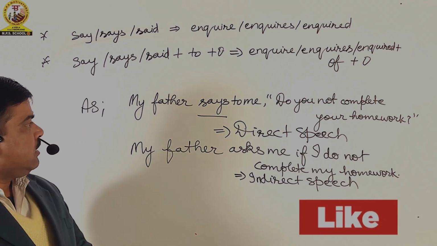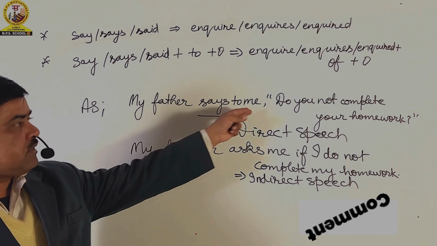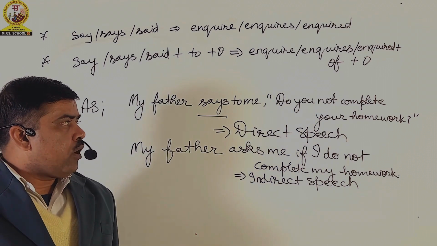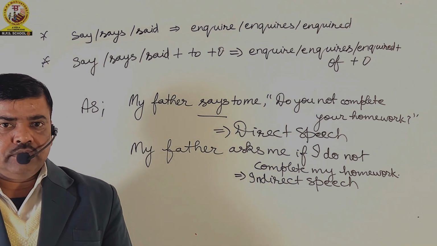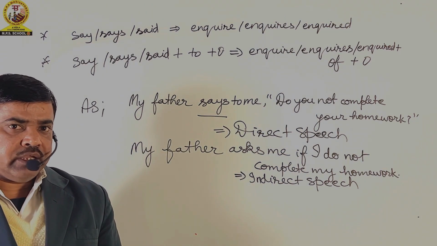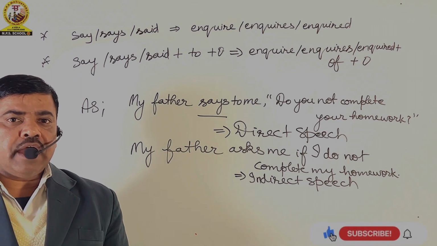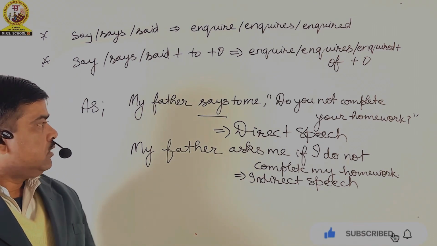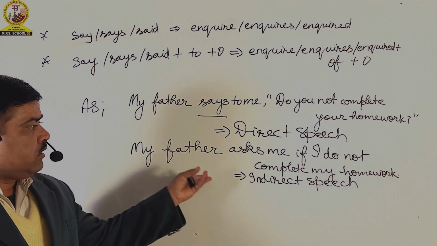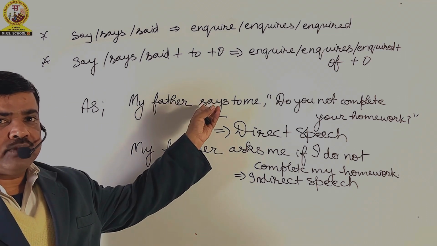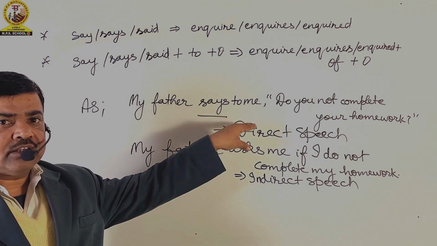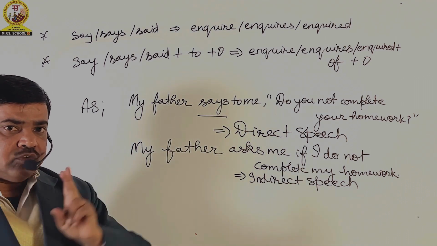The sentence in direct speech is my father says to me, do you not complete your homework? Then friends, we can transform the above sentence given in direct speech into indirect speech in two ways.